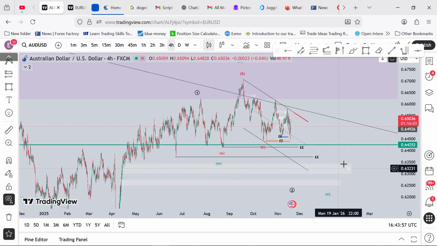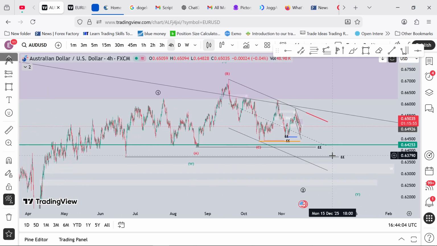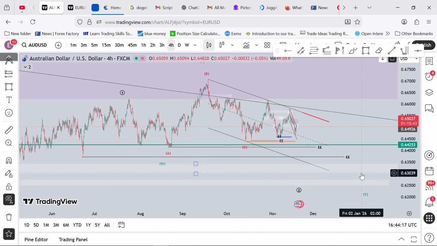We could move off this one. It's a weekly fair value gap. I have a feeling we might touch this one as well. So I'm looking for bearishness. There's no confirmation of bearishness up here until we break this low, preferably this low where the money sign is. But at that point, you're close to the TP areas.